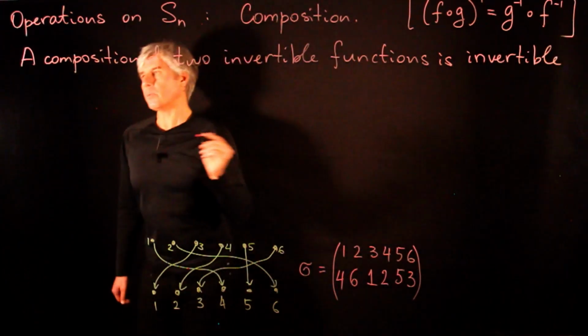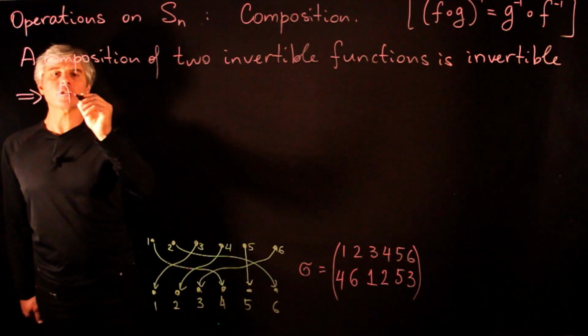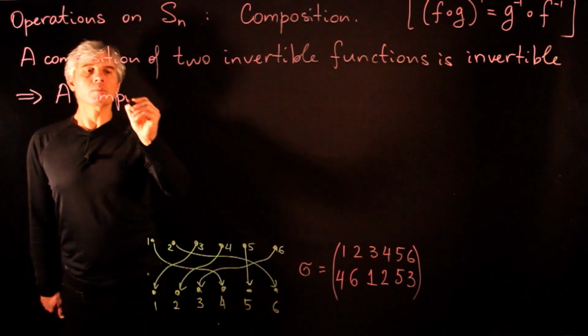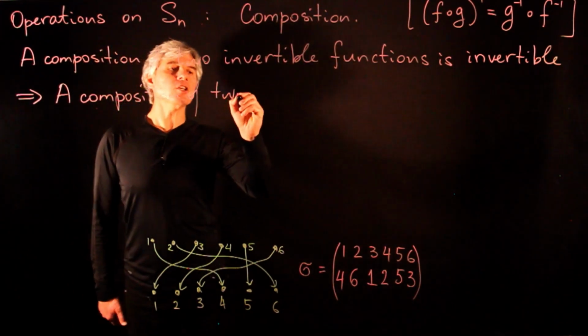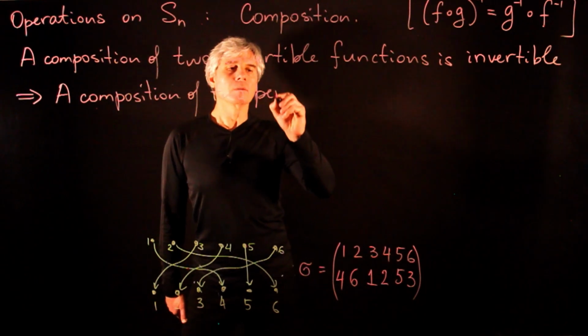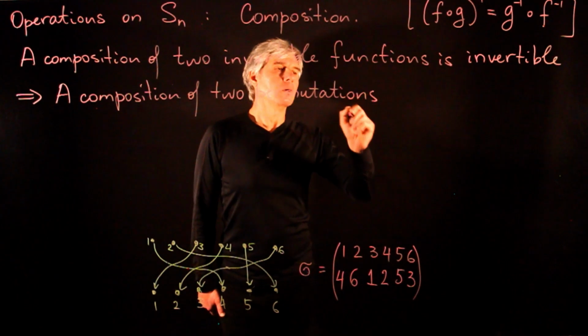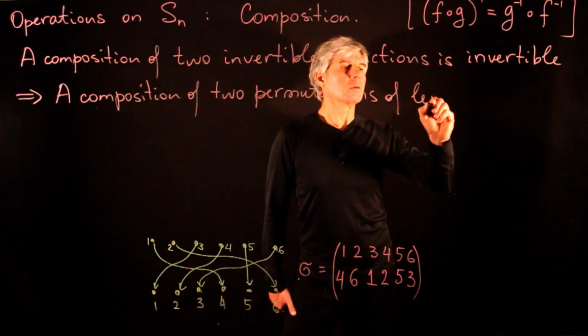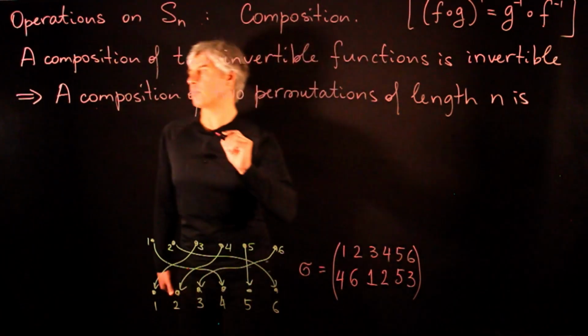And as a consequence of this, we conclude that the composition of two permutations of length n is again a permutation.